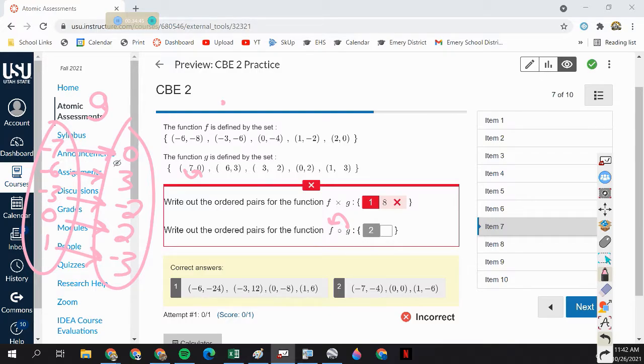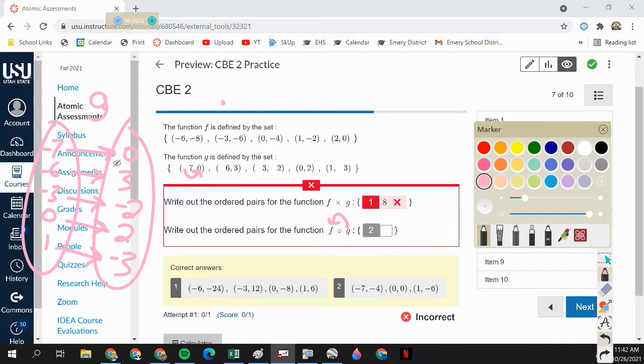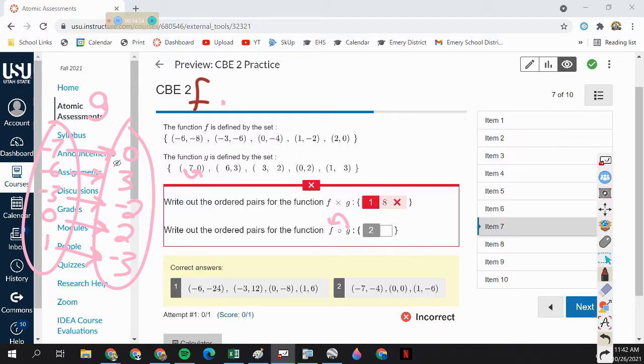Okay? Now, what does f do to the answers of g? So if I pick up the f function and I stick it right here, what does f do to 0? Turns it into -4. Does everybody understand that? Okay.